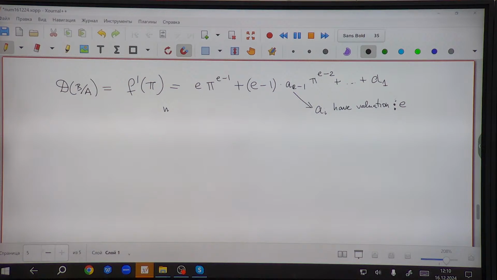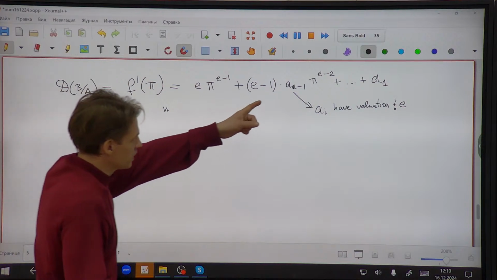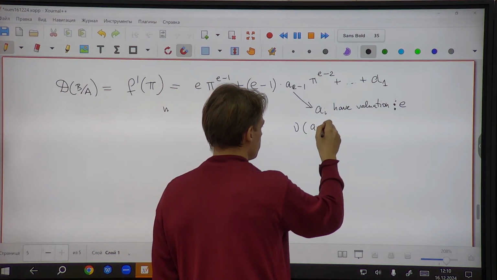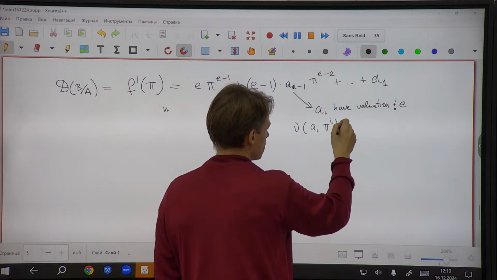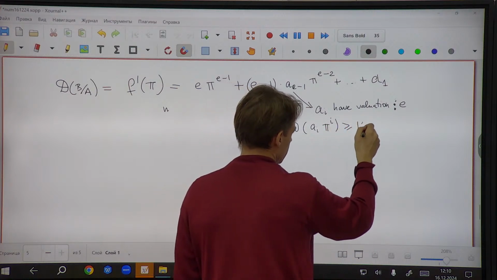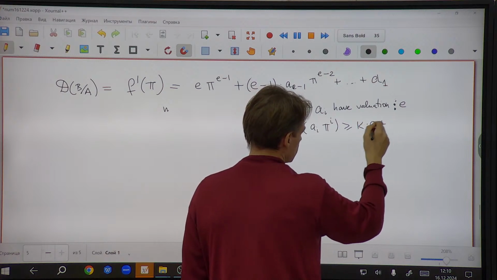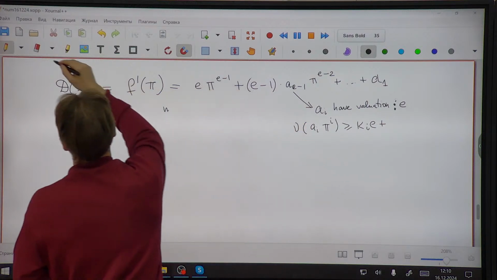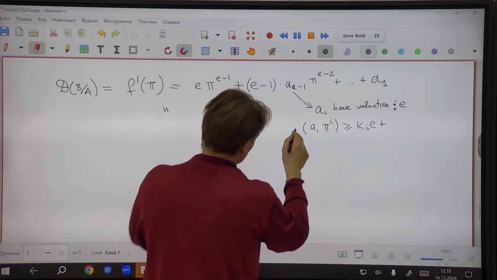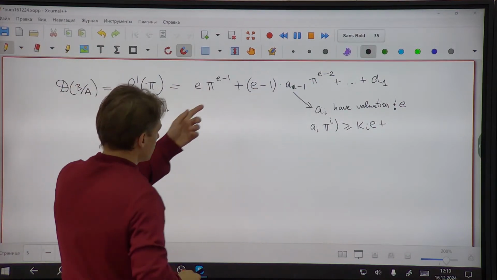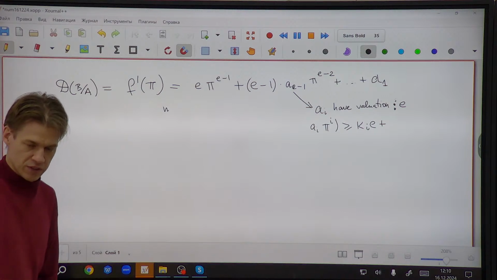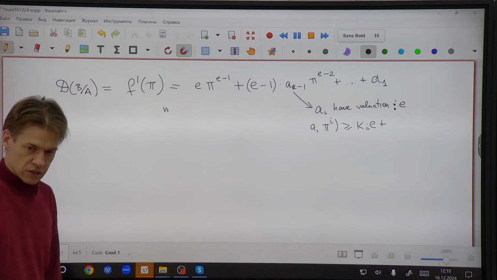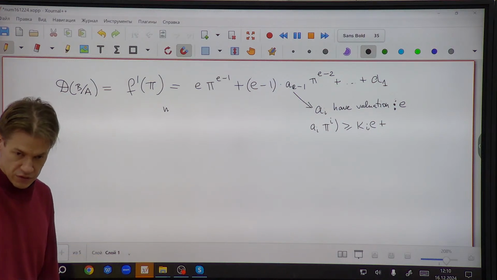So you can have two cases. This means that the valuation of these elements of the form AI PI is at least larger or equal than KI E plus, I mean the valuation of the summands. Notice that we are speaking about numbers as if K contains integers. So integers can have positive valuations as well.